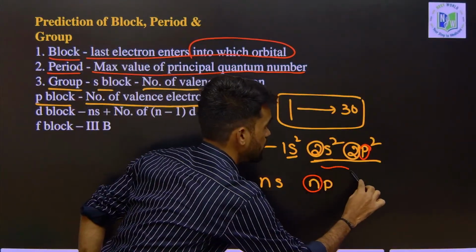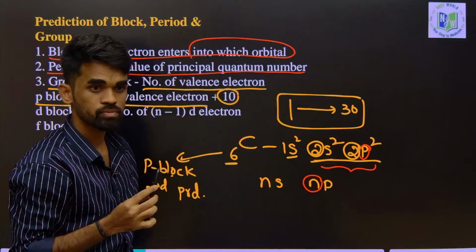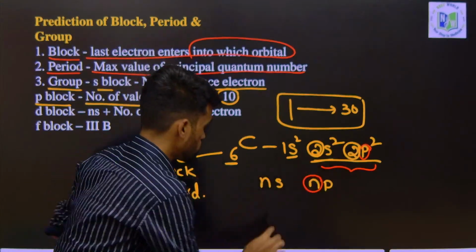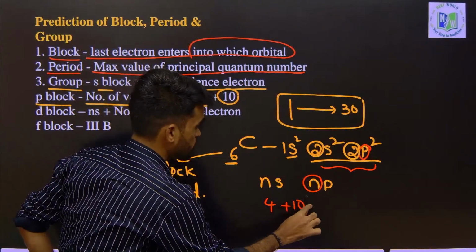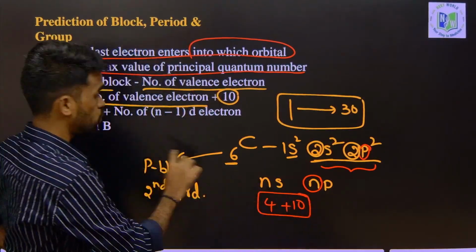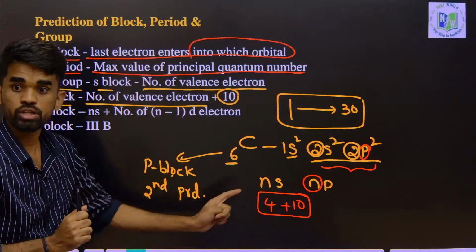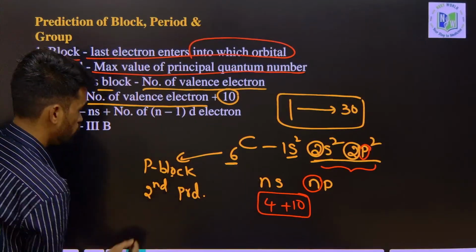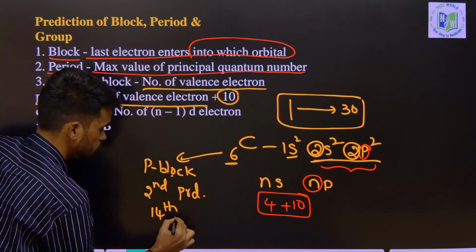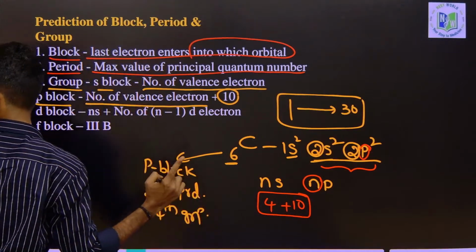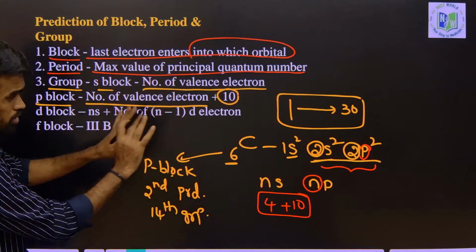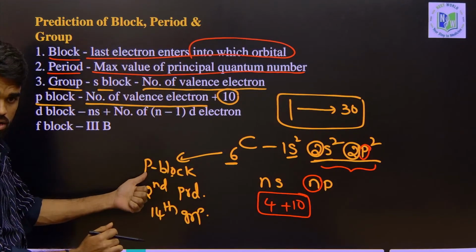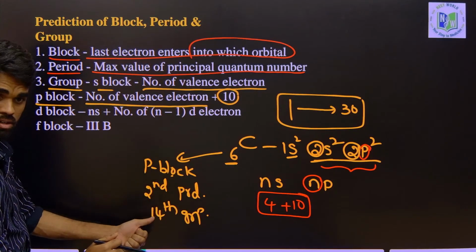So how many electrons are there? 2 plus 2, 4. So 4 plus 10 for p block element. So which group element is it? 14th group element. Hope it is also clear, right? This is about finding block, period, group.